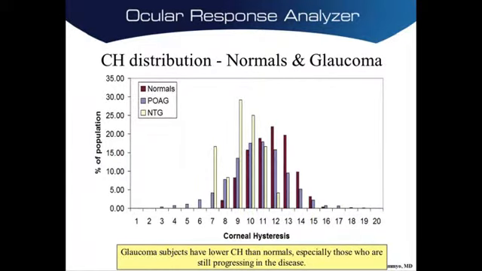If you look at the normal tension glaucoma patients, and these are the patients who have low values on Goldman tonometry, but often progressing glaucoma very rapidly, you'll see that their hysteresis measurement is even lower than their primary open-angle glaucoma counterparts. It's indeed a very skewed population. So this is a little bit of evidence to show us that independent of pressure, independent of other known risk factors for glaucoma, the hysteresis measurement is able to differentiate different classes of glaucomatous eyes.